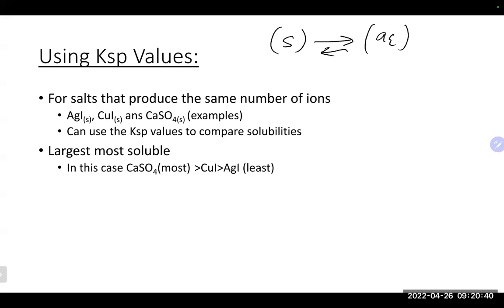And that specific situation is right here when you have the same number of ions. So if you look at silver iodide, it produces a silver ion plus an iodide ion. That is a grand total of 2.